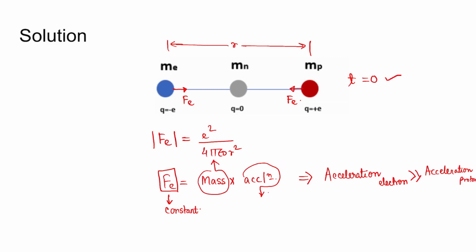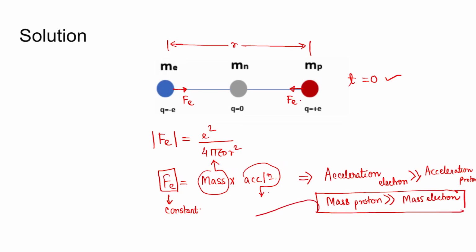Agreed or not? Why? Because the mass of the proton is much more than the mass of the electron. Since the force acting on both proton and electron is the same, the mass of the proton being more means the acceleration of the proton should be less.